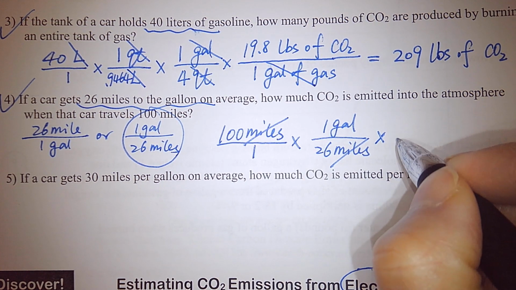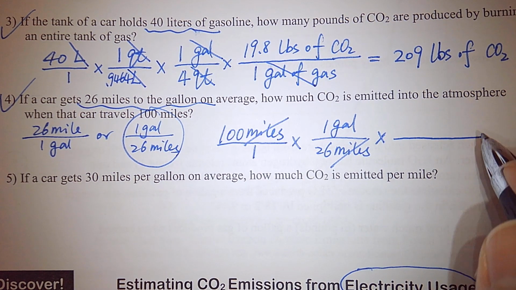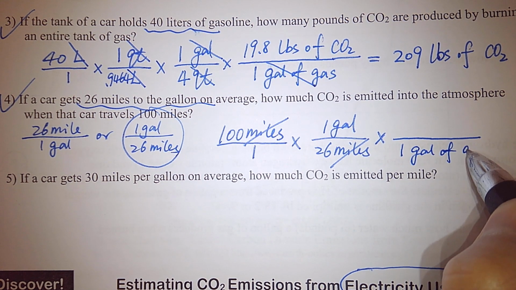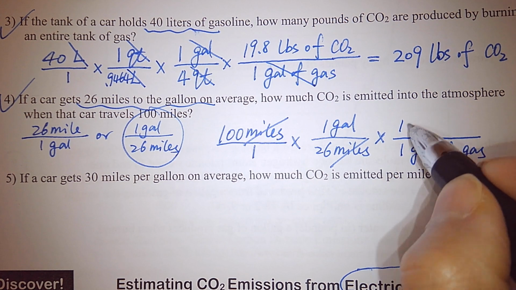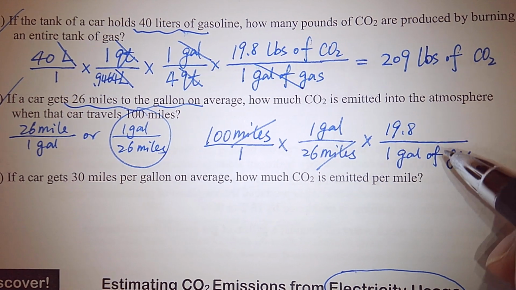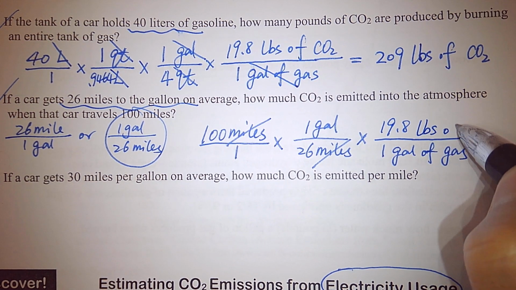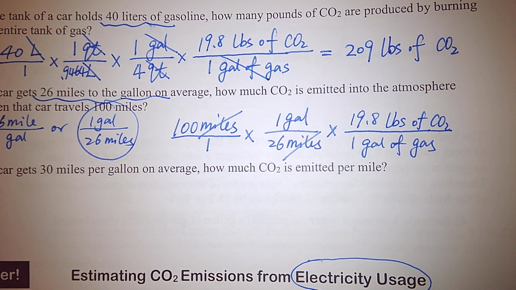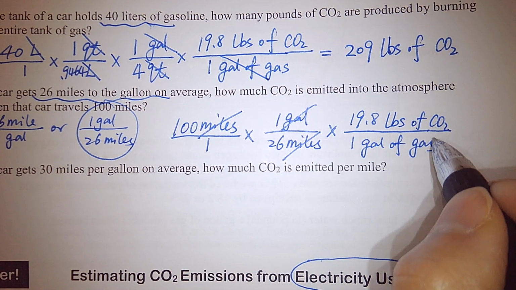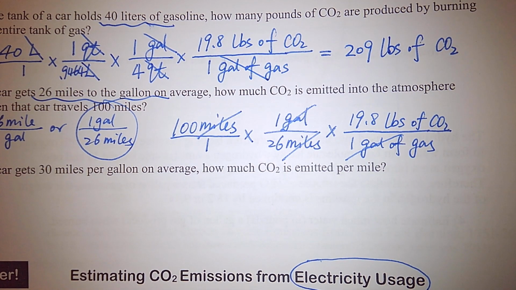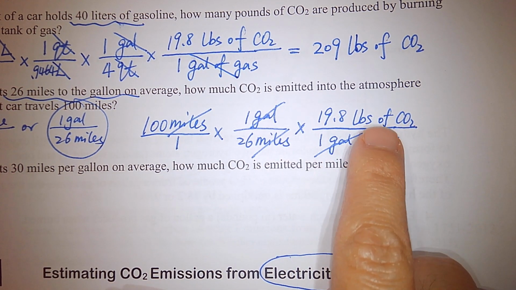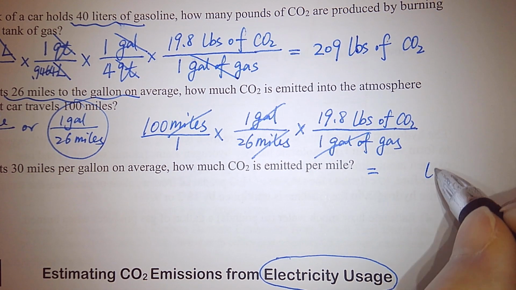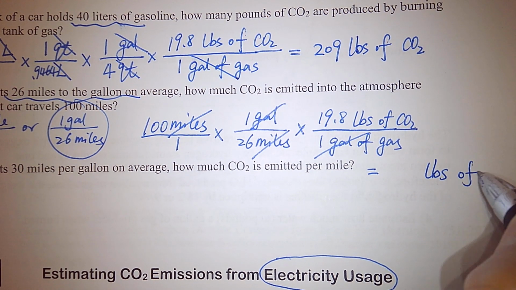In order to compute the pounds of CO2, every 1 gallon of the gas will produce what? 19.8 pounds of what? CO2. You agree with me? So gallon cancels out. Now we have pounds of what? CO2.